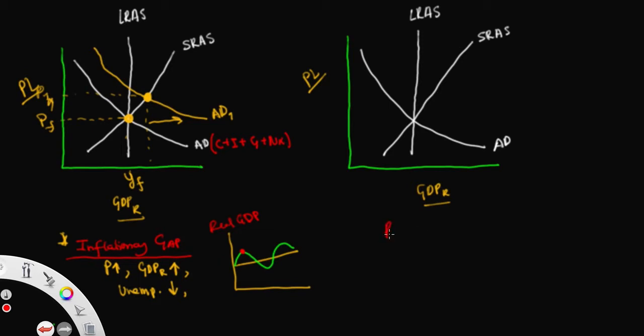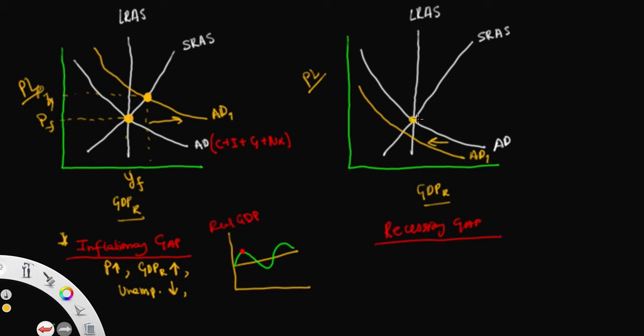Now, for a recessionary gap, it's pretty much the exact opposite. Excuse the bad handwriting, please. So a recessionary gap is when the aggregate demand curve shifts to the left. All right, so we have a new AD1 curve here. It shifts to the left.